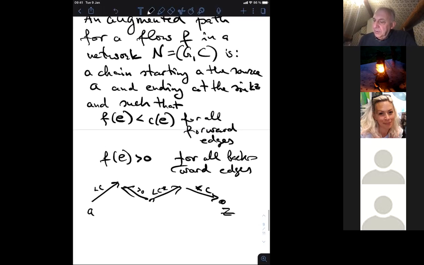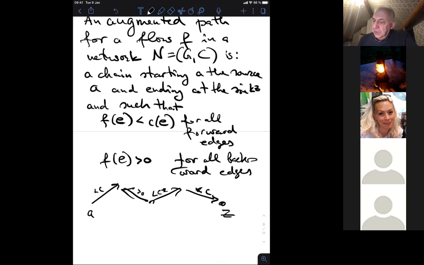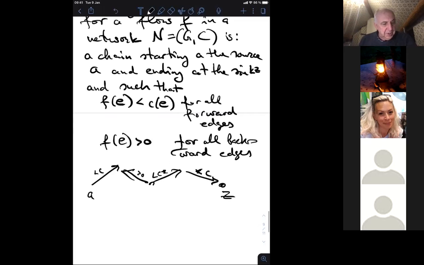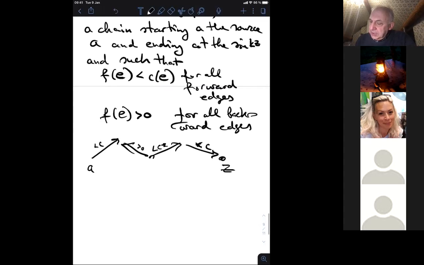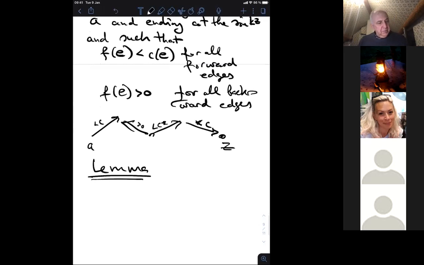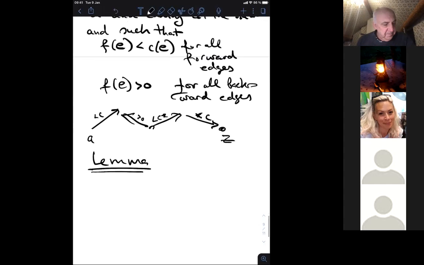Okay, for all forward edges, we have to have the flow smaller than the capacity of the edge, and for all backward edges, we still have to have a positive flow back. That's what an augmenting path is. And now the next lemma is crucial, and I don't quite understand why it isn't what we need to prove the theorem, why it's not called the proof of the theorem, but that's what is done in your book.